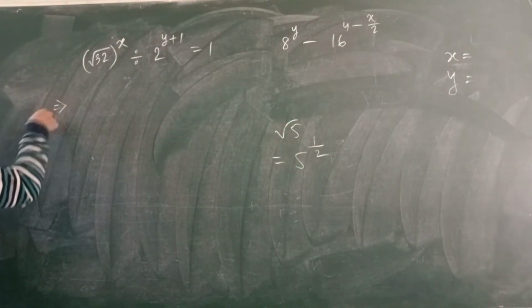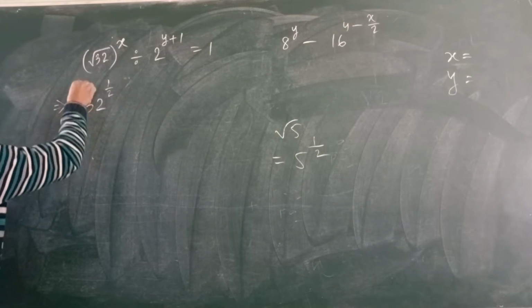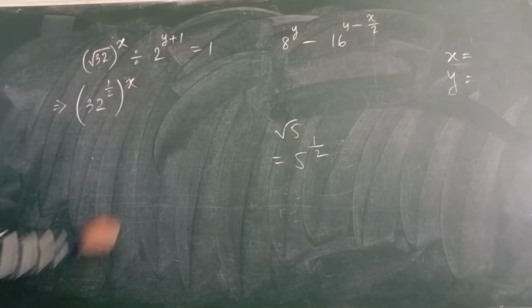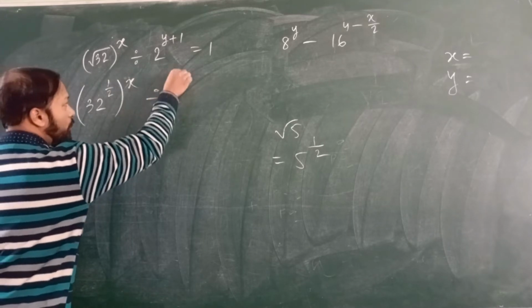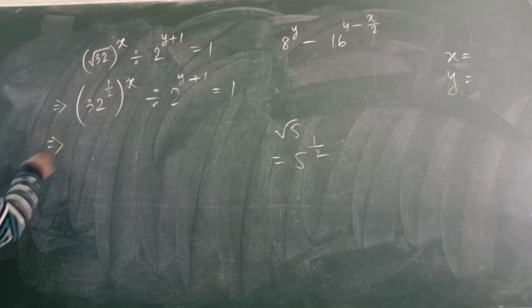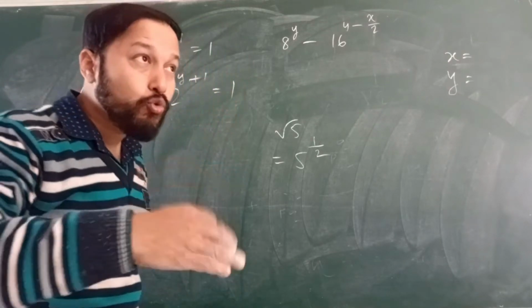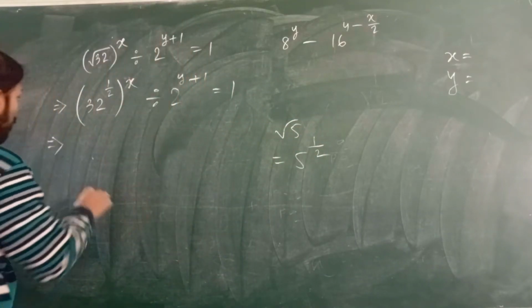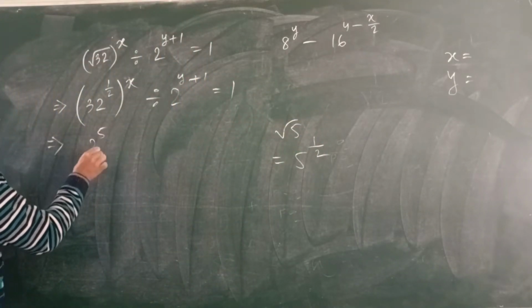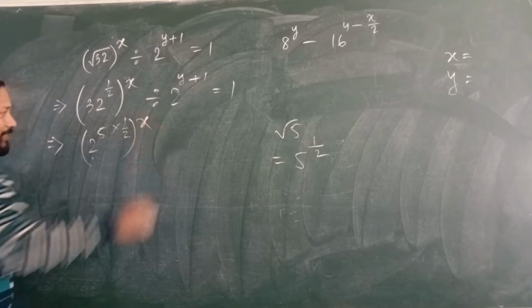See, 32 to the power half, to the power x, divided by 2 to the power y plus 1. Instead of 32, I can write 2 to the power 5, because 2 to the power 5 means 32. That power is half, and that power is x.